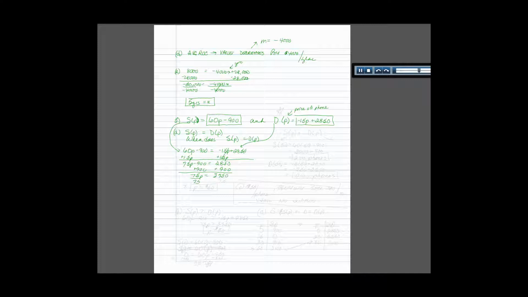Divide both sides by 75, and we get P equals $50. Now what does that mean? It means that at $50 per phone, they will sell the same number of phones that they have supplied. They will sell them all. There'll be no leftovers in the warehouse.